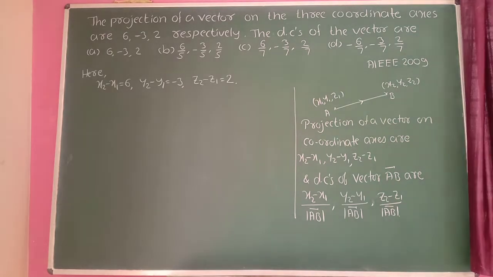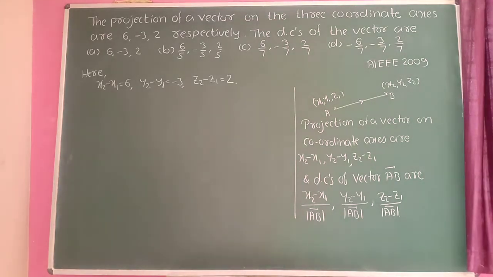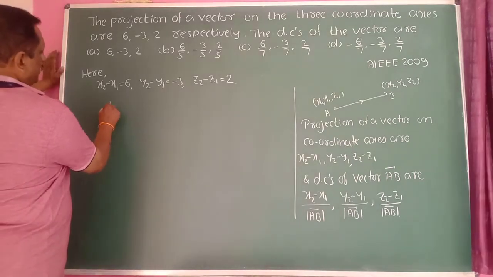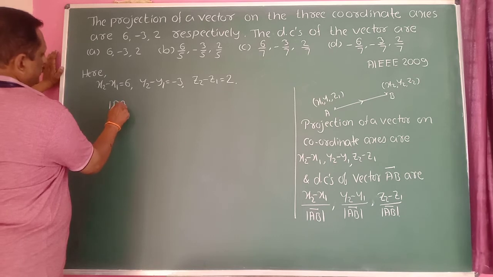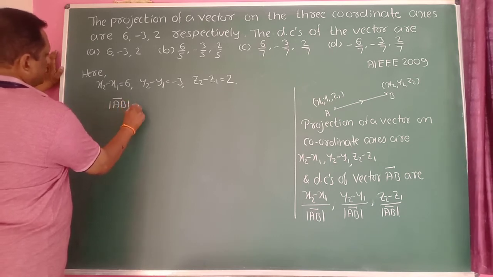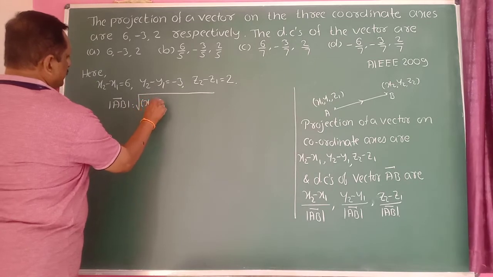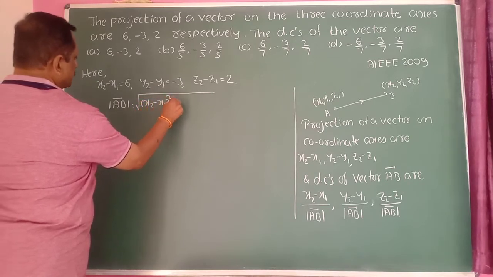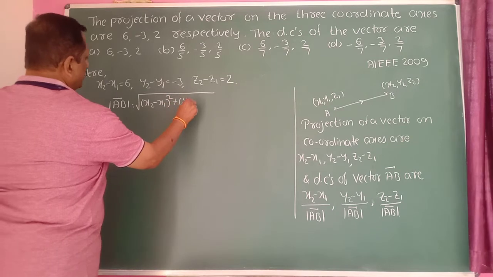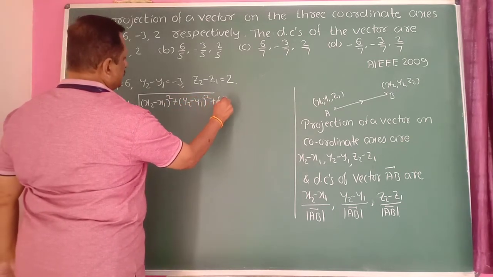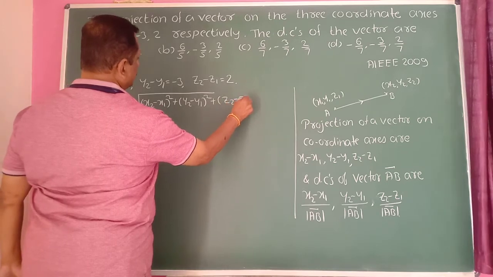So x2 minus x1 is 6 here, y2 minus y1 is minus 3, z2 minus z1 is 2, and the modulus of AB. The modulus of the vector AB is equal to the root of (x2 minus x1) whole square plus (y2 minus y1) whole square plus (z2 minus z1) whole square.